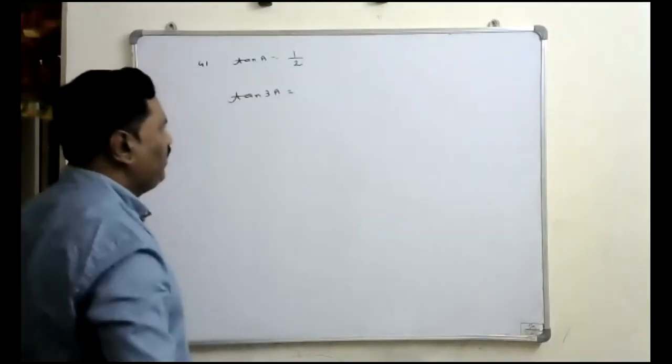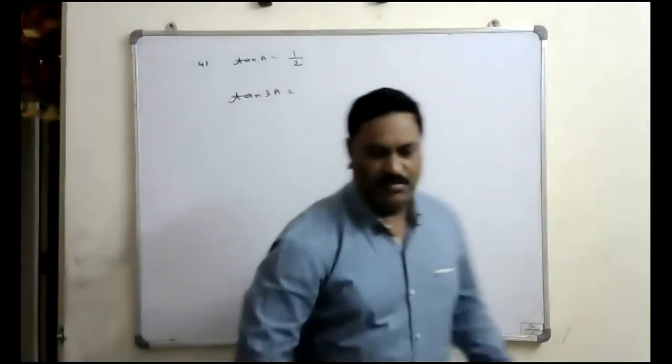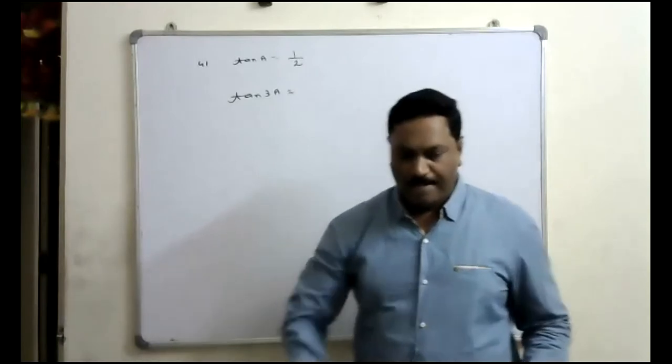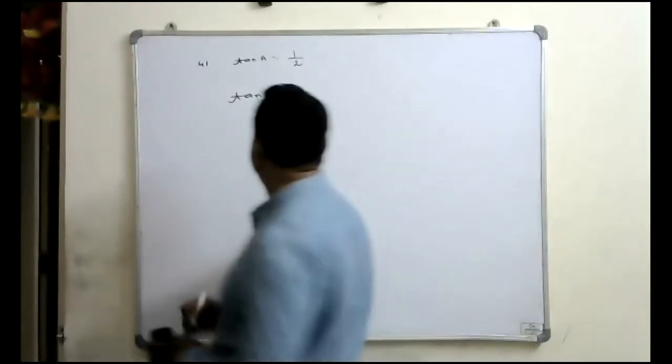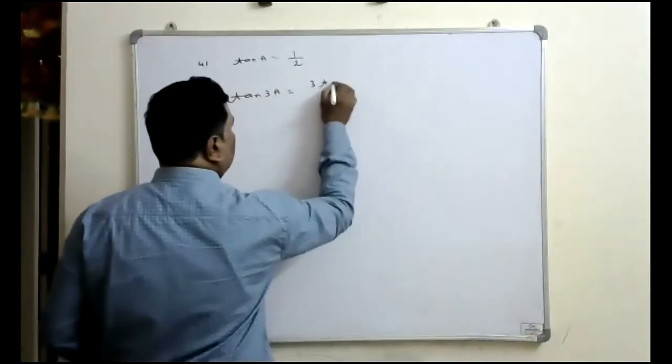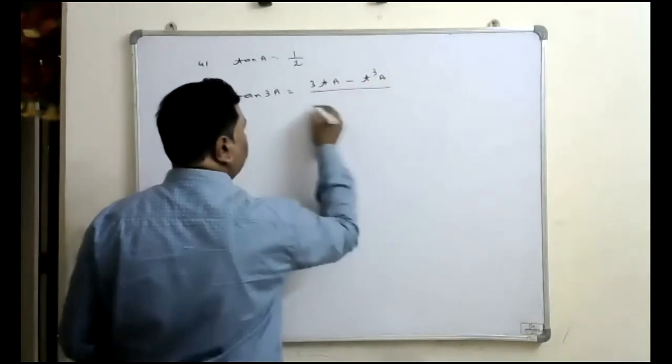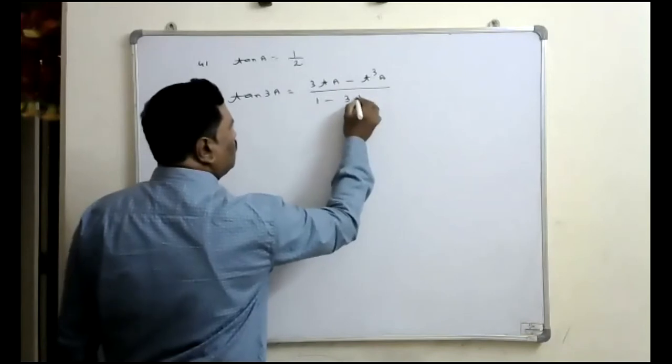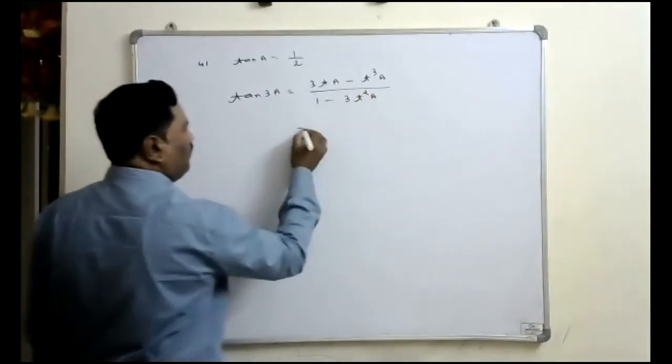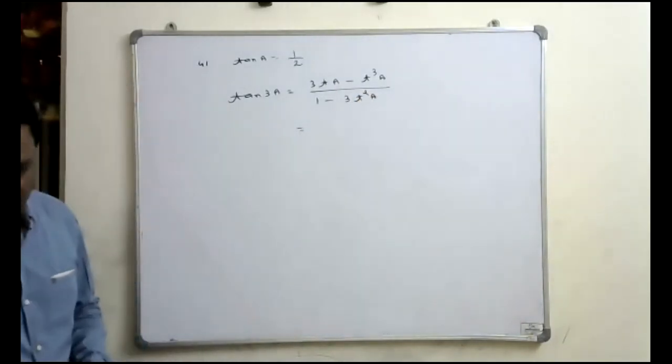To find this, tell me what is the formula for tan 3A? It is 3 tan A minus tan cube A upon 1 minus 3 tan square A. This is the formula for tan 3A.